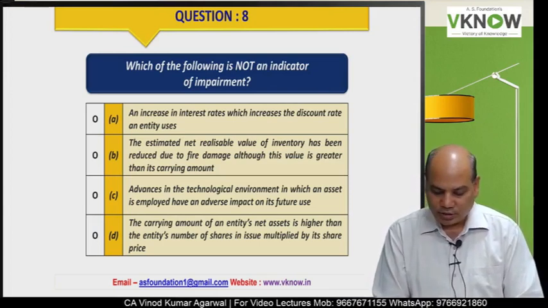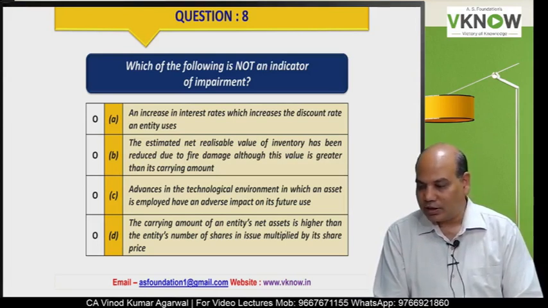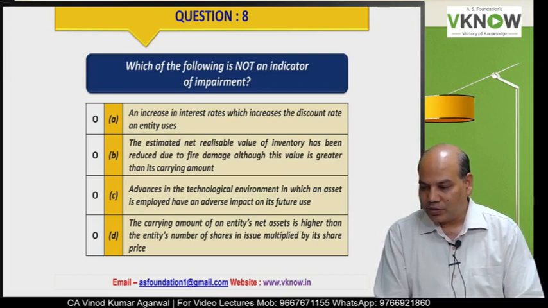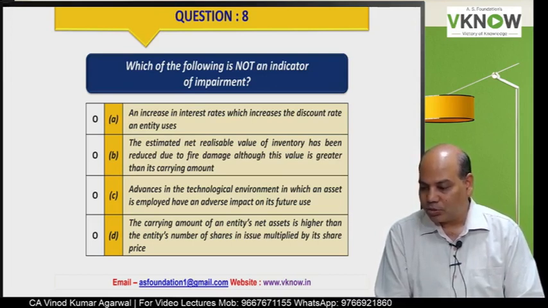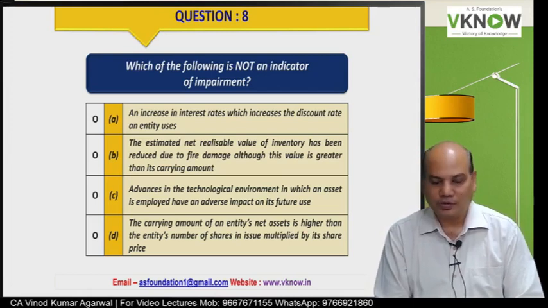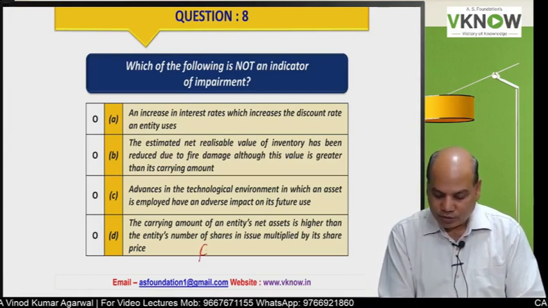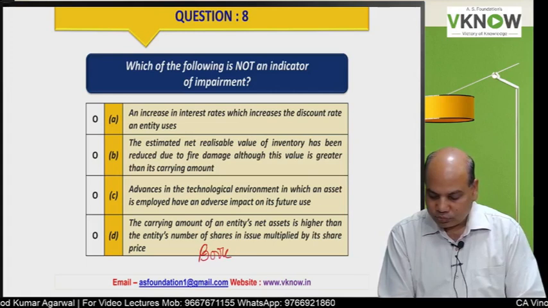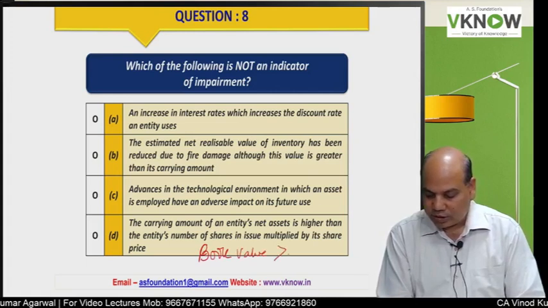It is an indicator. Last point is the carrying amount of an entity's net asset is higher than the entity's number of share in issue multiplied by its share price. Means the book value is greater than market capitalization.